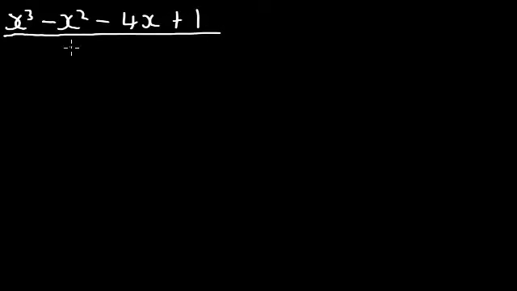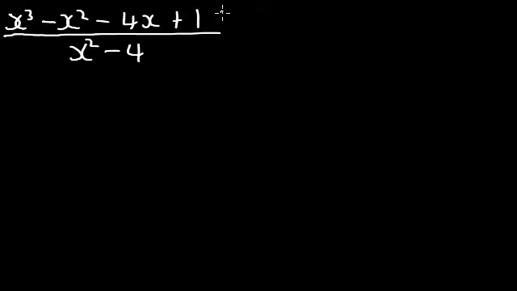Let's consider some more examples. Consider x cubed minus x squared minus 4x plus 1 all divided by x squared minus 4. Feel free to pause the video and make use of what we have discussed so far to decompose this improper fraction.